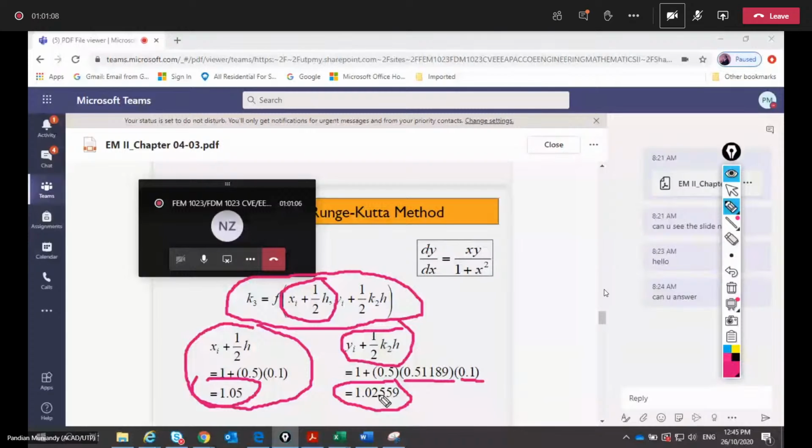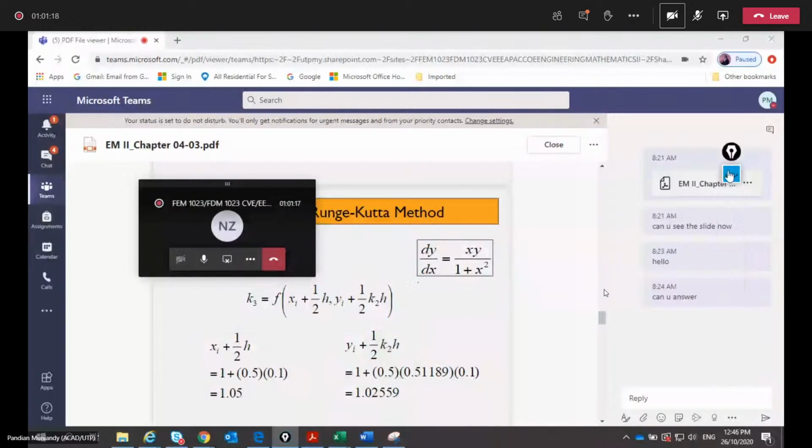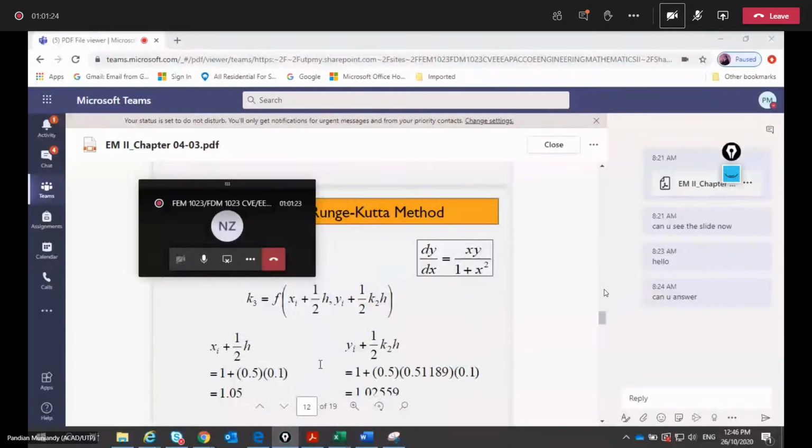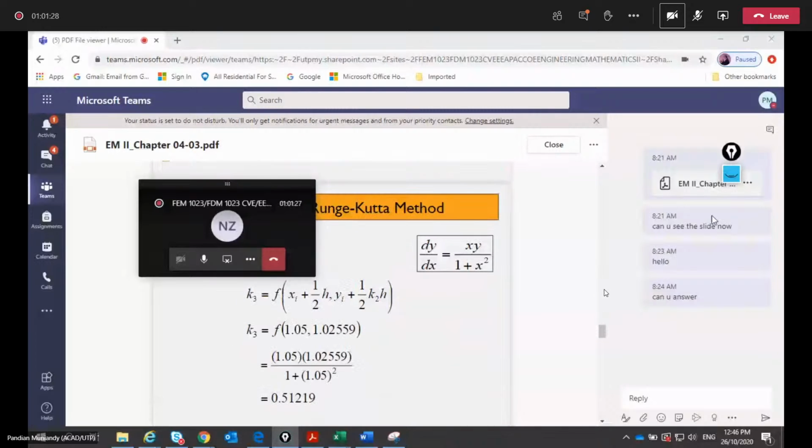We have to plug it inside here to get the f(xi, yi). So, this is to calculate K3. X is 1.05.